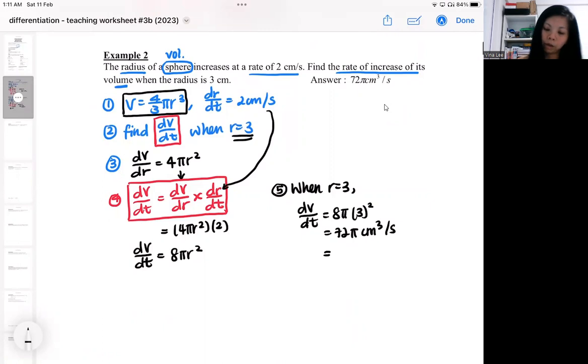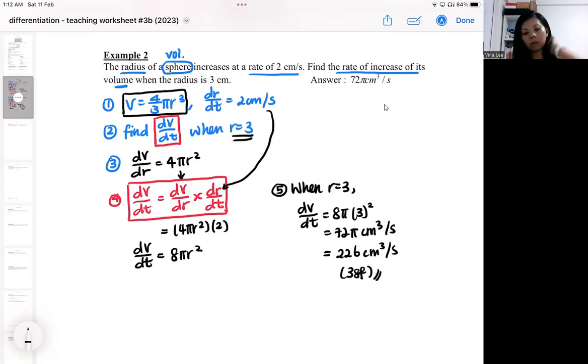Okay, so you punch out the 3 SF. By right, you should punch out the 3 SF, unless the question says to leave it in terms of pi.